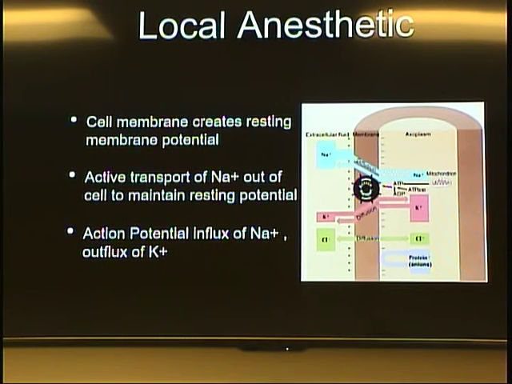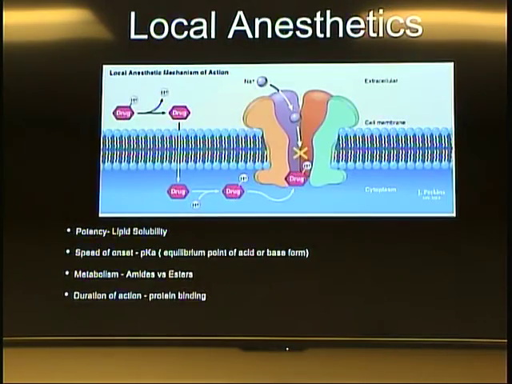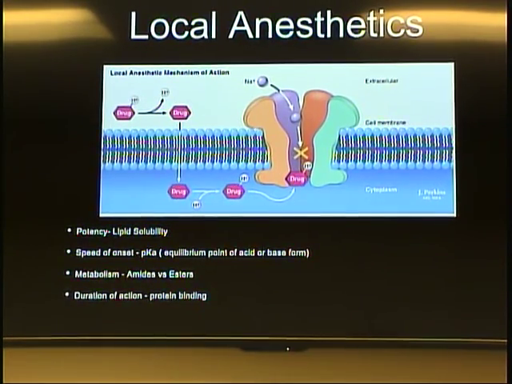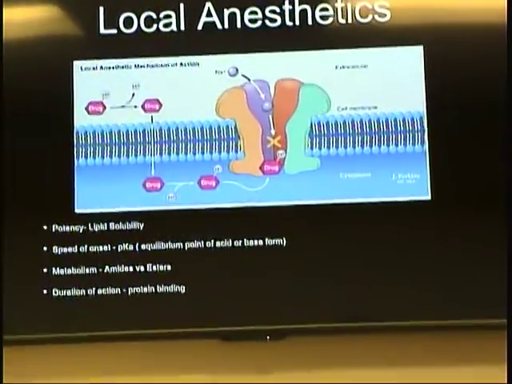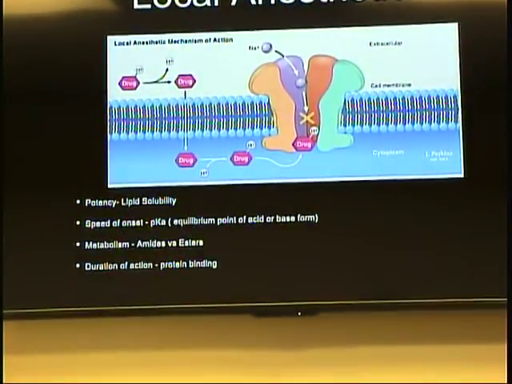And then when it signals, you get this action potential, which signals the cell pathway. Local anesthetics go into the cell, across that membrane bilayer, and block the sodium transporter from the inside. So that prevents an action potential, so there's no signal. So that's how it works.